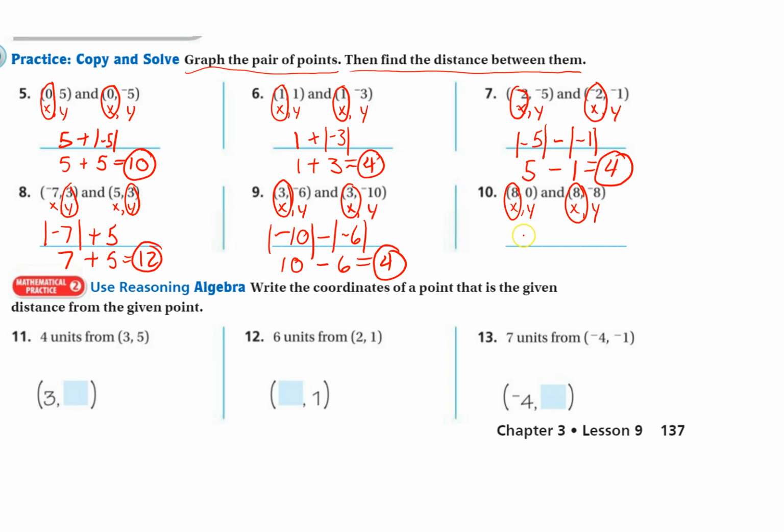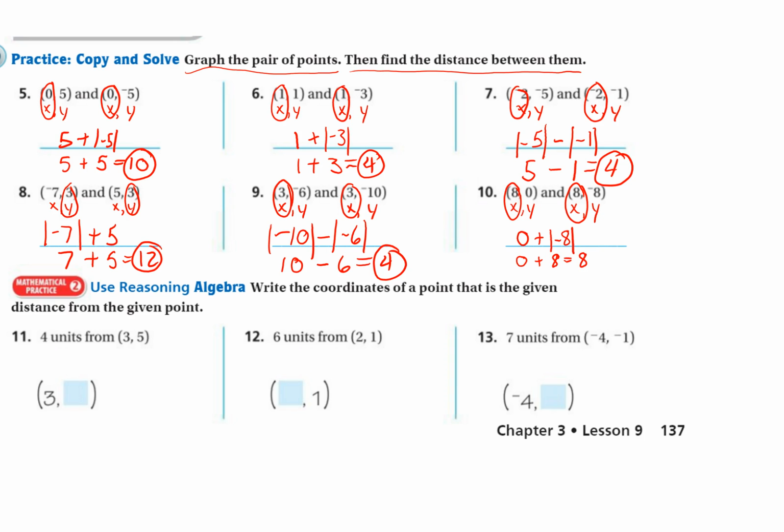Okay, if we add, since 0 is neither negative or positive, if we added 0 plus the absolute value of negative 8, that would be 0 plus 8, which would give us a distance of 8.